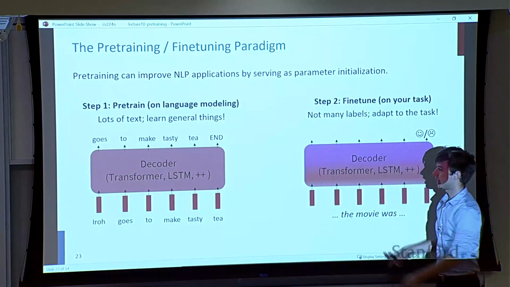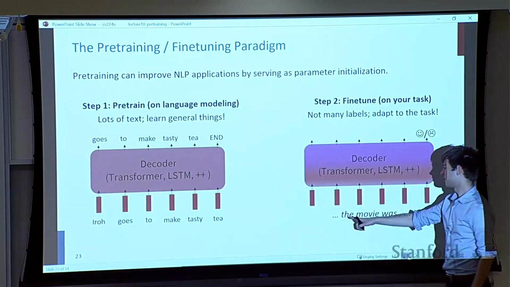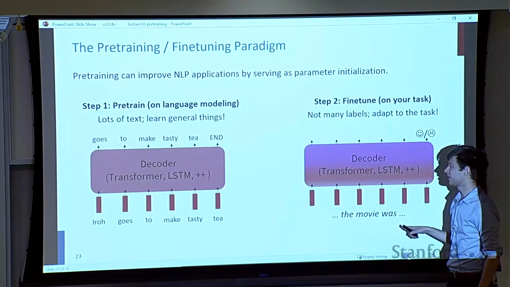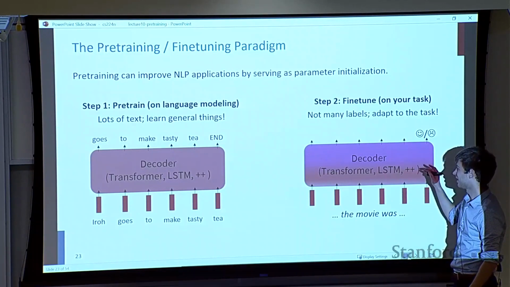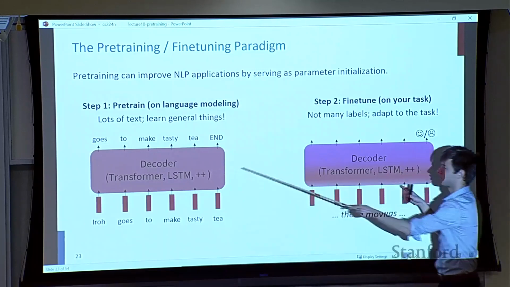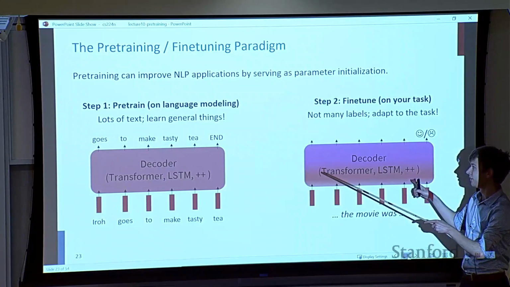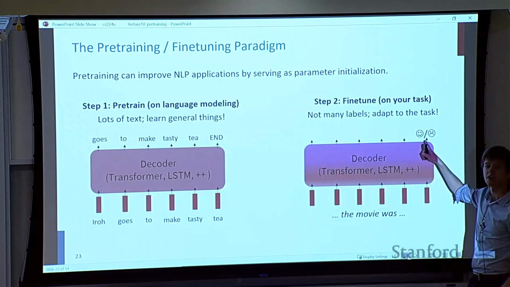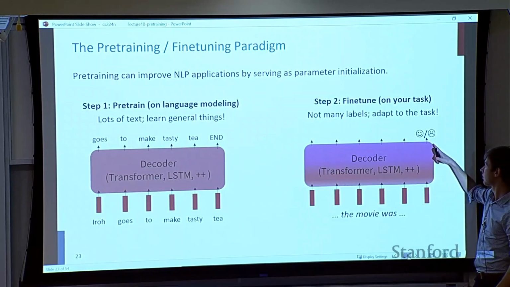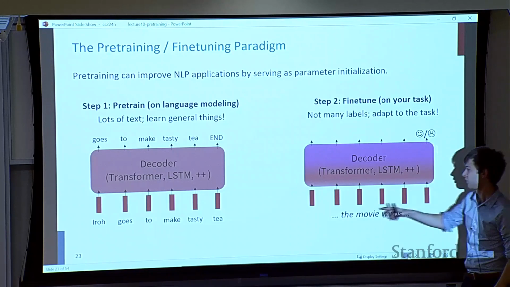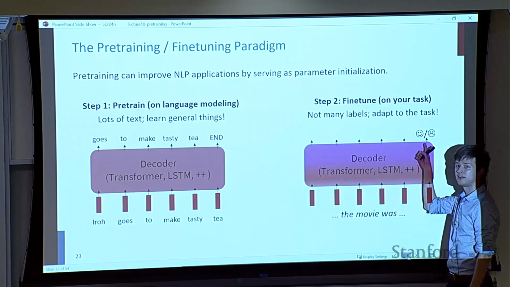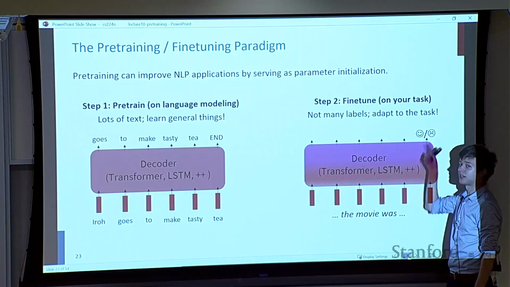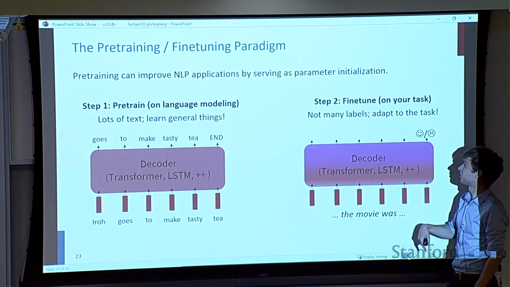So we had a bunch of pre-training data, and then maybe this is a movie review that we're taking as input here, and we just apply the decoder that we pre-trained. Start the parameters there, and then fine-tune it on whatever we wanted to do. Maybe this is a sentiment analysis task, so we run the whole sequence through the decoder, get a hidden state at the very last thing, and then we predict maybe plus or minus sentiment.